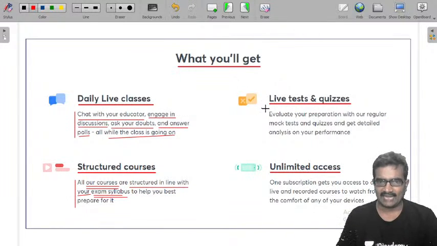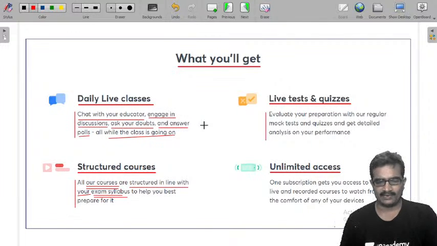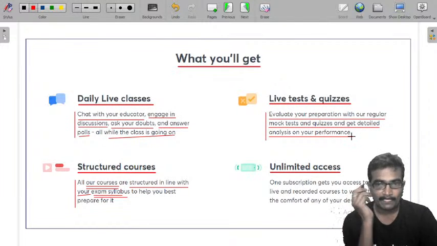After that, live tests and quizzes. You can evaluate your preparation with our regular mock tests and quizzes and get a detailed analysis of your performance.